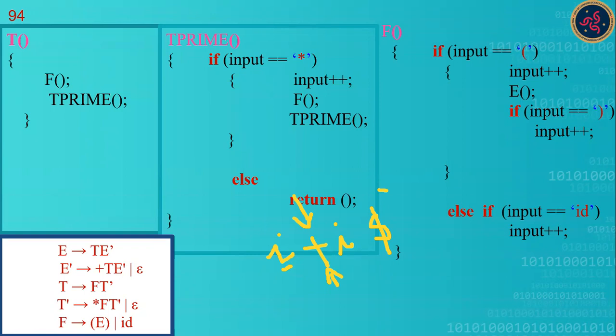Okay. So again, my input string will be I plus I itself. T prime itself.